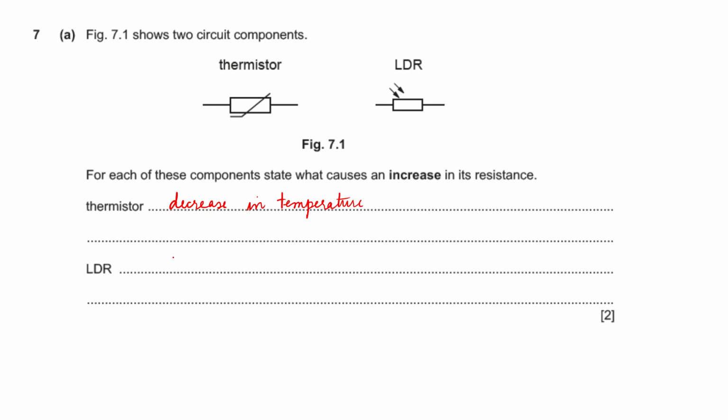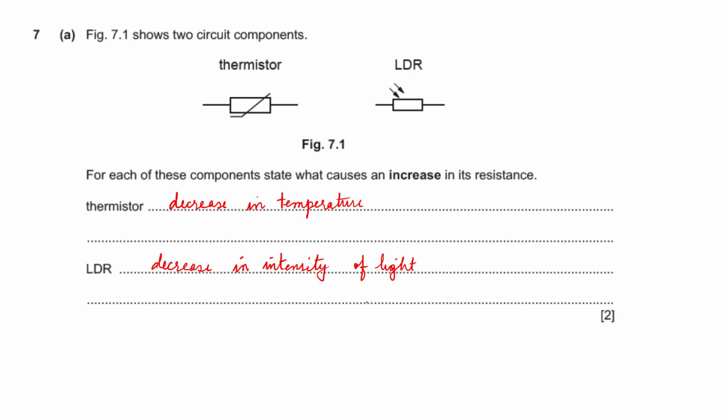For the light dependent resistor or LDR, a decrease in intensity of light increases the resistance.